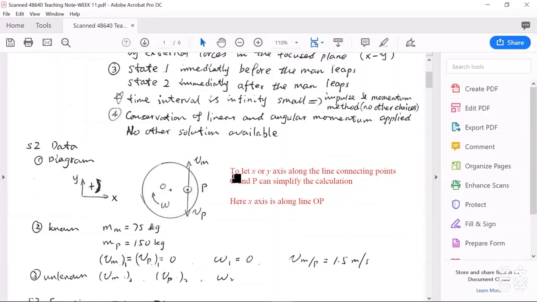And here we let the X axis along the line connecting points O and P. We'll be able to simplify our calculation.